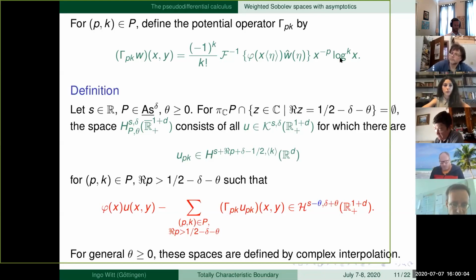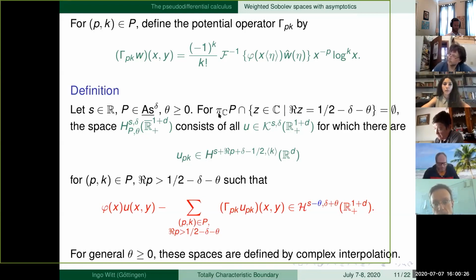And then we get these function spaces I mentioned. We have some Sobolev order s, we have an asymptotic type P, which comes with this fixed polynomial order delta, and we have an improvement of this polynomial order by zeta.